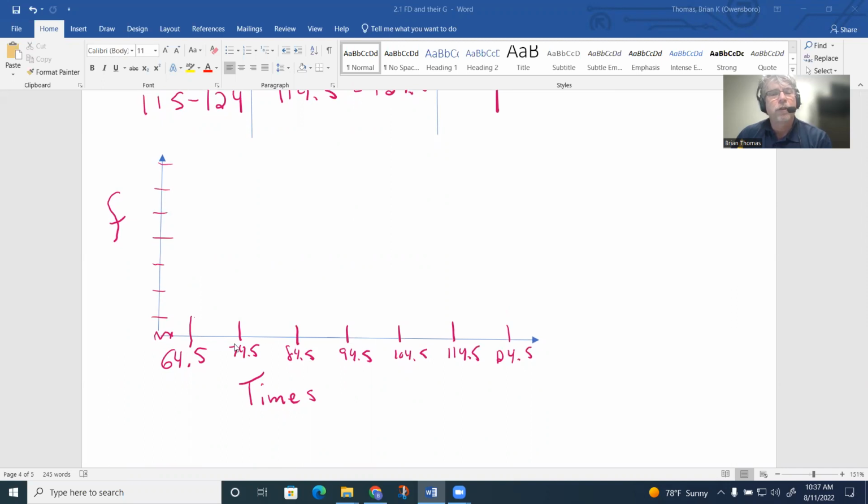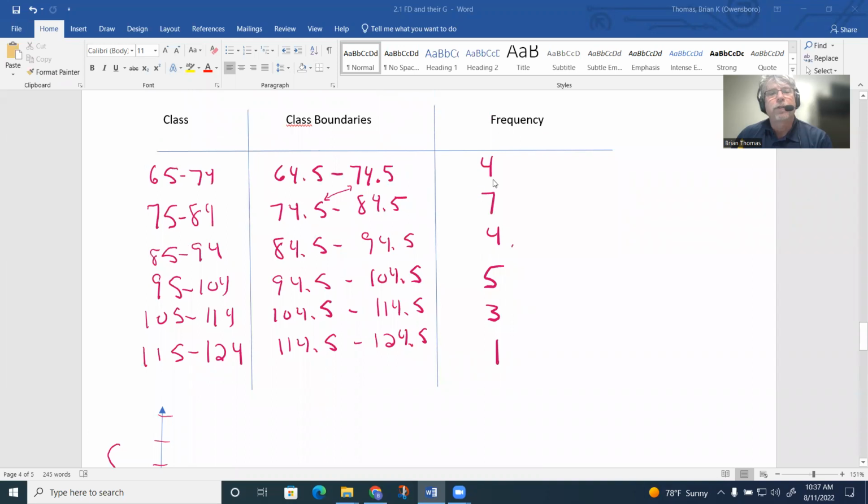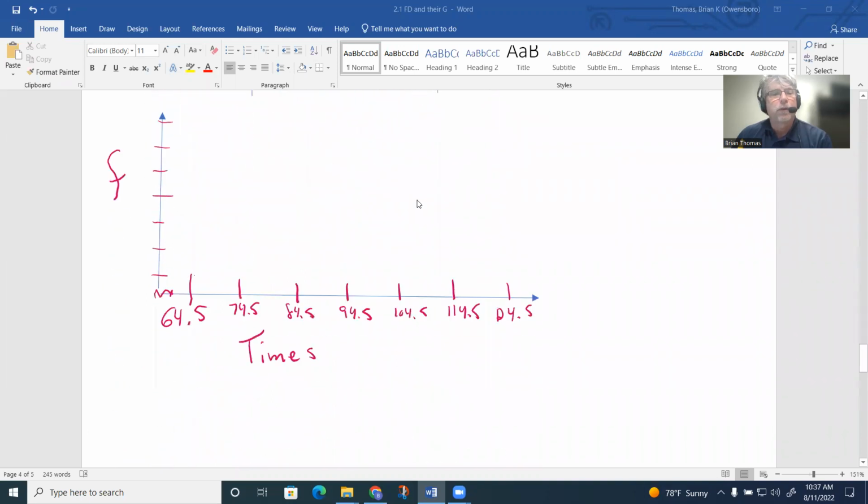So when we create these histograms, we're going to have boxes or rectangles constructed between the lower boundary and upper boundary, and the frequency is how high up they go. Notice I have this frequency of 4. If I go from here, 1, 2, 3, 4, and bring that over, I can create my box here.